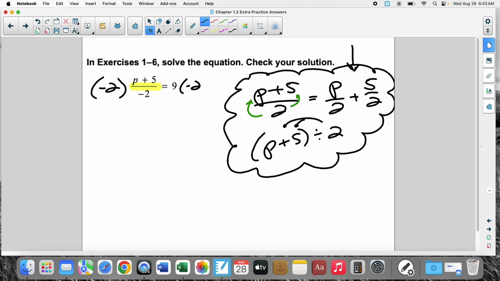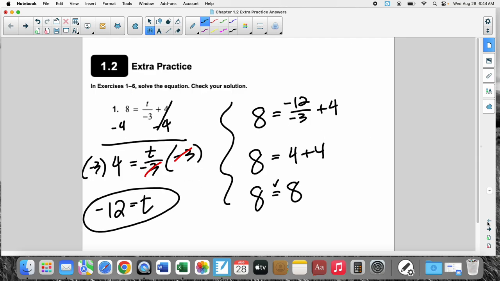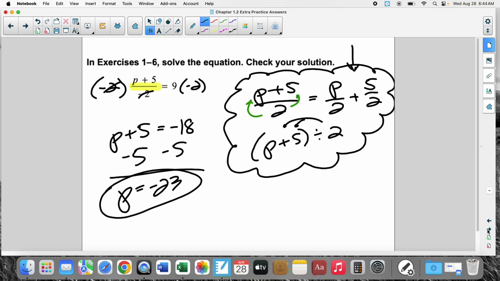So we're going to get rid of the dividing by 2 first. And that will cancel. You're left with p plus 5 equals 18 minus 5 minus 5. P equals -23. So you have to be able to see the difference between problem number 1 and problem number 2.